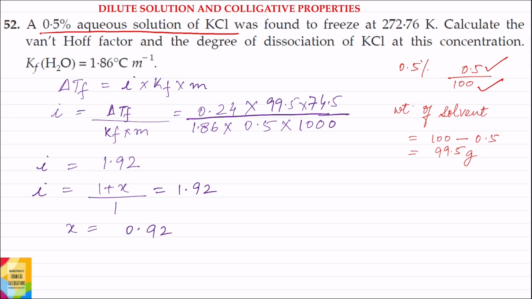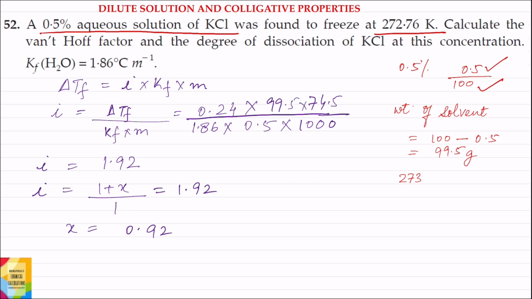अब इस solution का freezing point है 272.76 Kelvin. Now this KCl is dissolved in water. Pure water का freezing point होता है 0 डिग्री सेंटीग्रेड और 273 Kelvin. अब जब KCl डिजॉल्व कर दिया वाटर में तो उस सोल्यूशन का फ्रीजिंग पॉइंट हो गया 272.76 Kelvin.